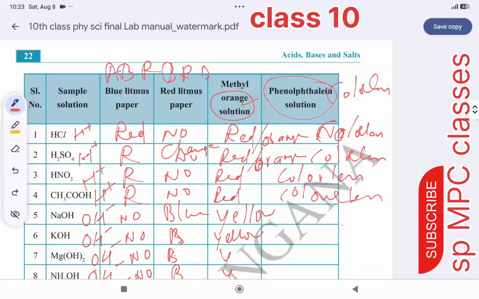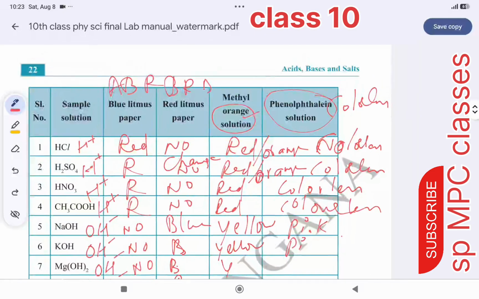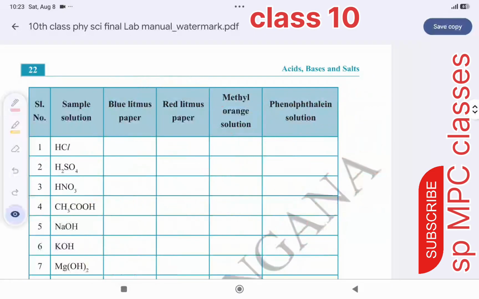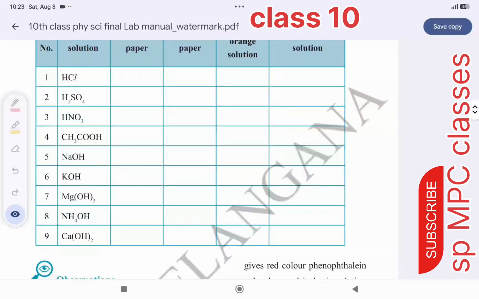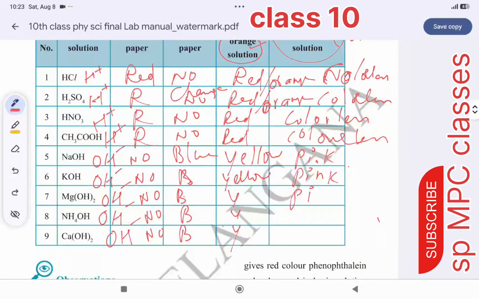Don't confuse. Colorless. And with the bases, it will be converted to pink. So you remember, bases with phenolphthalein, pink color.